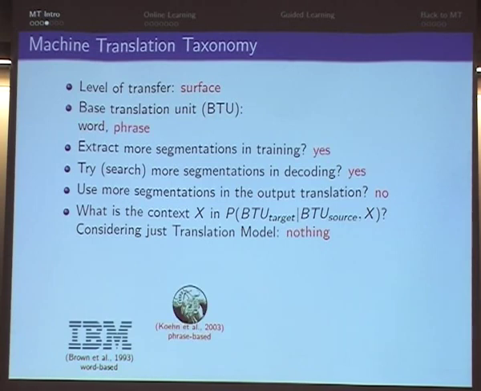So, phrase-based models. Now the most popular system is Moses, and before it was Pharaoh in 2003. So instead of one word, it's a sequence of subsequent words, so a phrase. Still we don't do any linguistic analysis, but we extract more segmentations from the training parallel corpus, and we consider them, but finally we use just the one segmentation, I mean the derivation with the maximum score we were able to find.